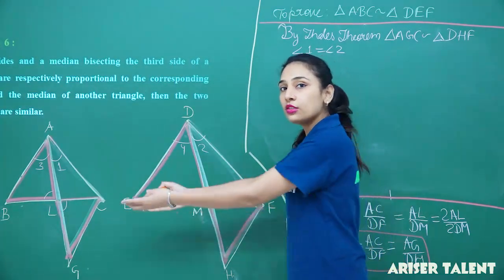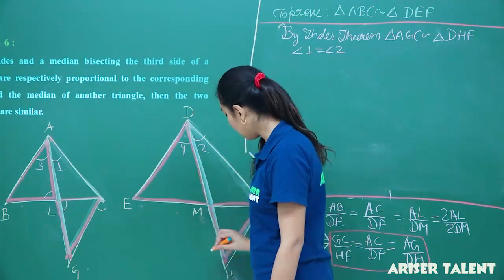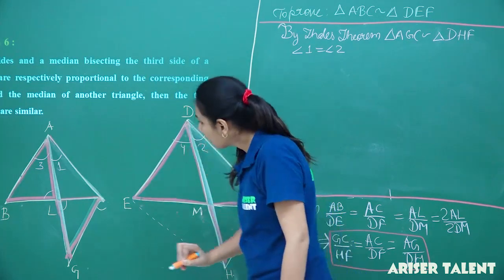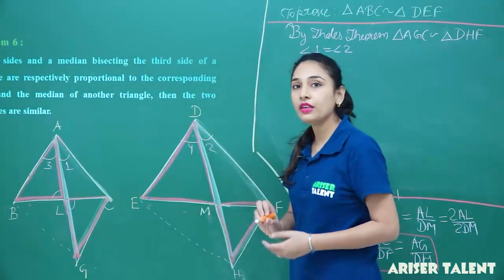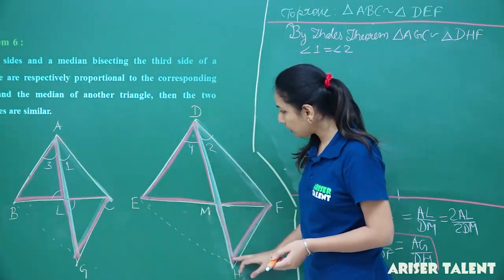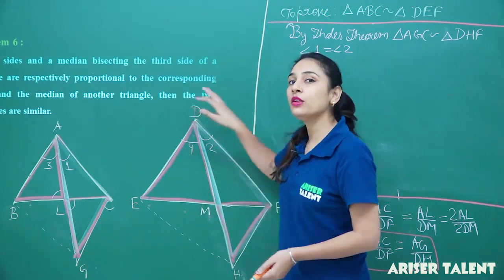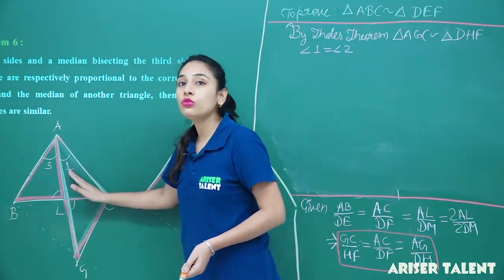Now look at this figure here. If I construct the same thing here, what I have done is just join E to H and B to G. Now I can repeat the whole process in these two triangles and in these two triangles.